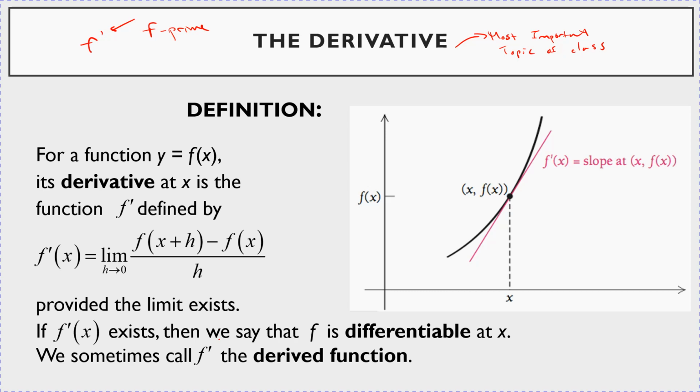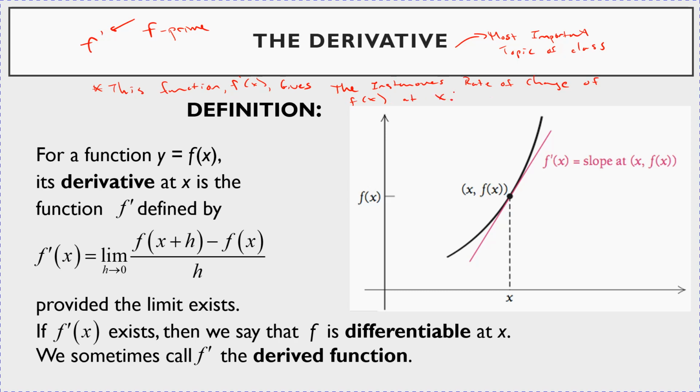What this function f prime of x does is give the instantaneous rate of change of the function f of x at that value x.